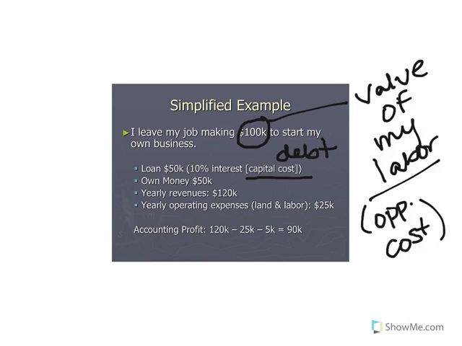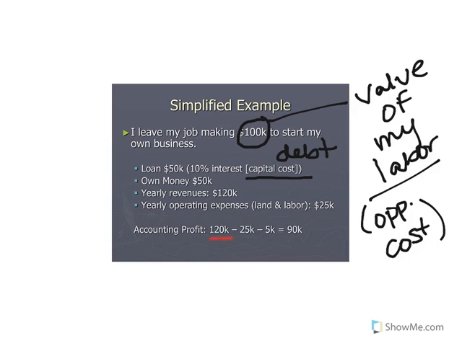And let's say that for the first year, my yearly revenue was $120,000. And my operating expenses, in other words, the land and the labor costs, were only $25,000. So this makes it very easy for me to calculate my accounting profit, because I just take the amount of revenue that my firm generated and subtract out all of those tangible costs that I have to pay.